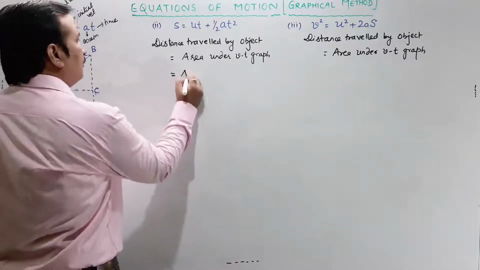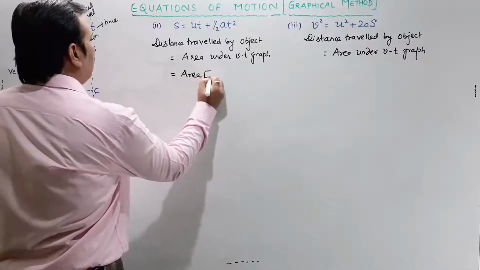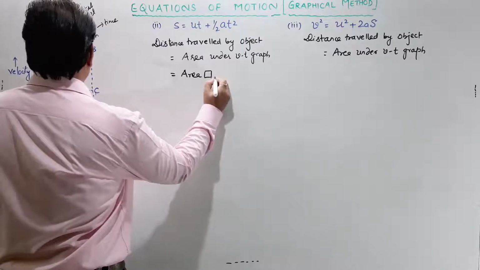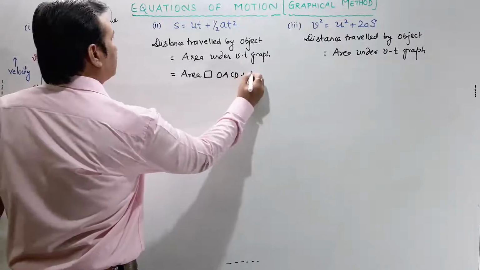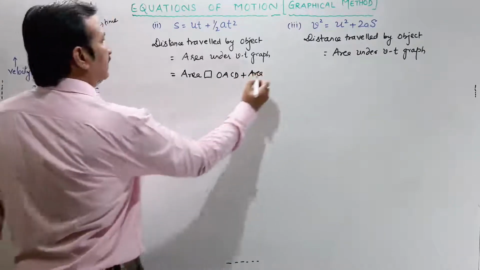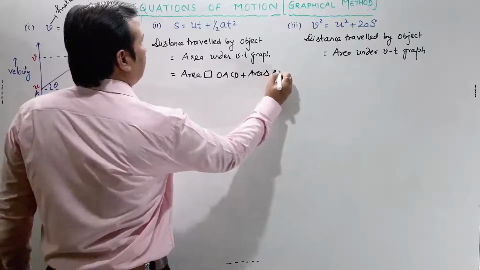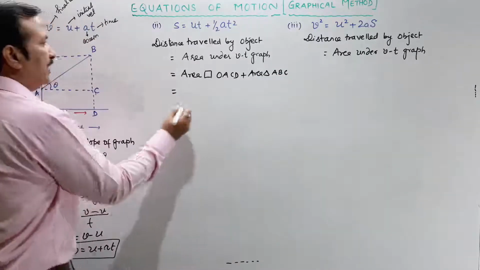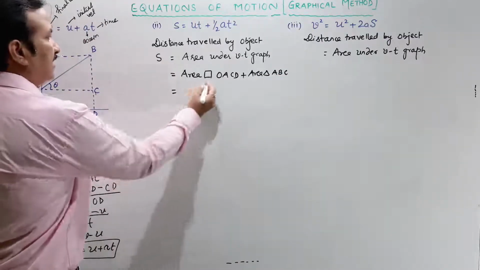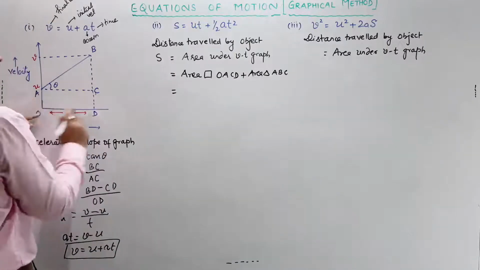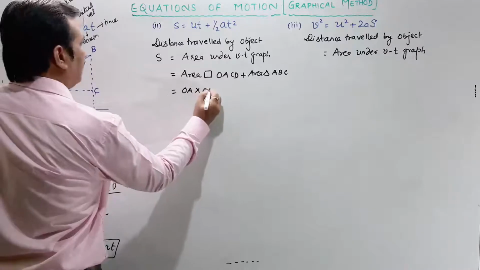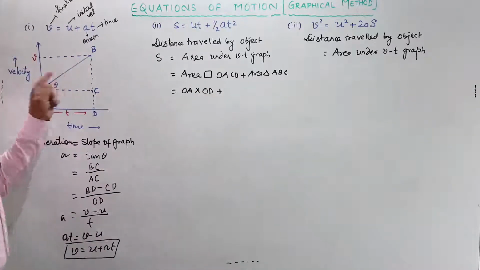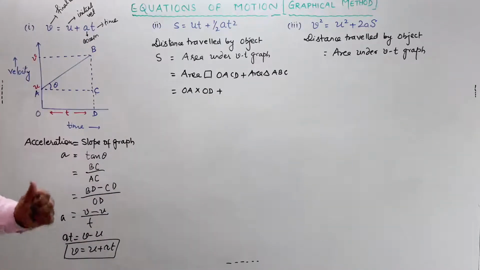So S is equal to the area of rectangle OACD plus the area of triangle ABC. The area of OACD is OA into OD, plus the area of the triangle, which is half into base into height.